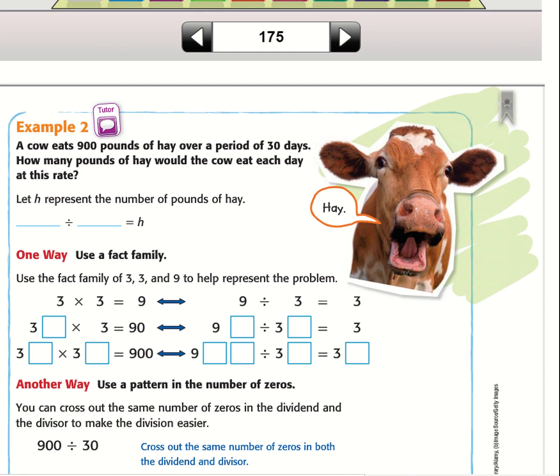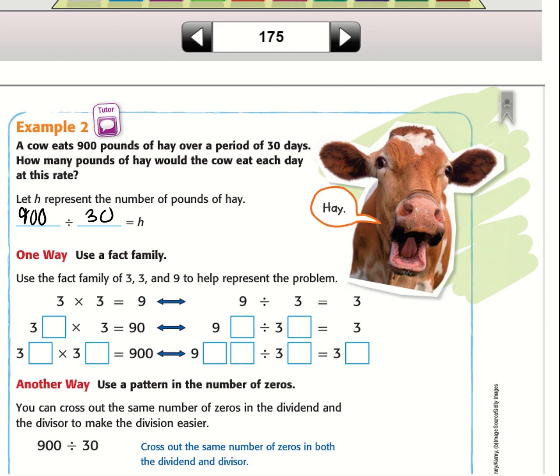Alright, so example 2. A cow eats 900 pounds of hay over 30 days. How many pounds of hay would the cow eat each day at this rate? So we have 900 pounds, and we have to split that up equally into 30 days. That's why it's going to be 900 divided by 30.